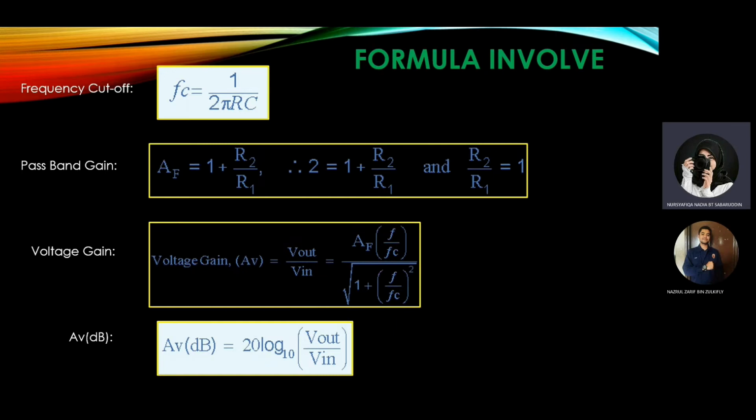AV stands for voltage gain equal to V out over V in, so equal to AF times F over FC divided by the square root of 1 plus F over FC squared. Lastly, AV in dB equal to 20 log 10 of V out over V in.